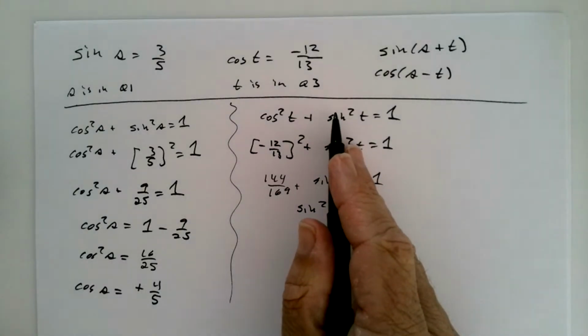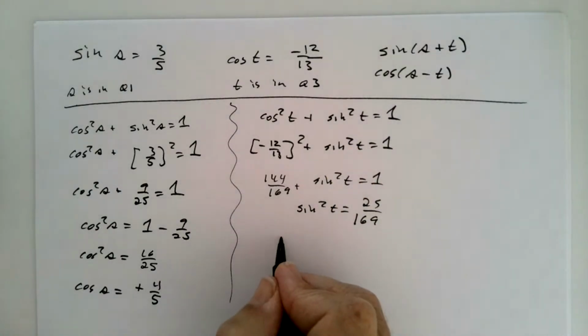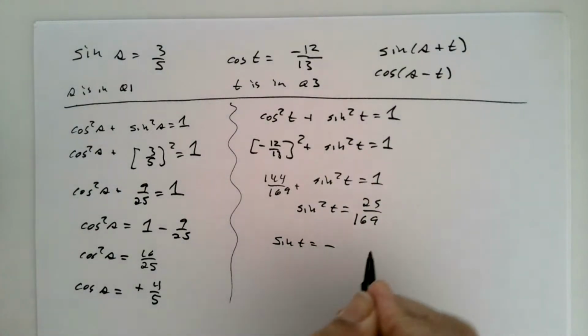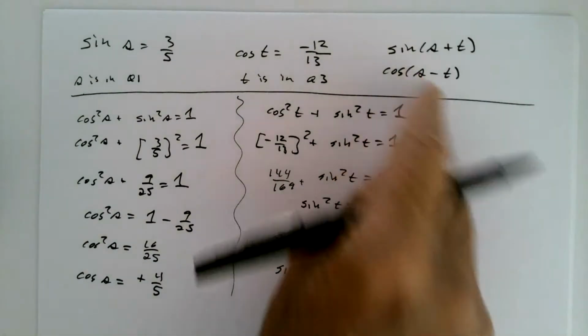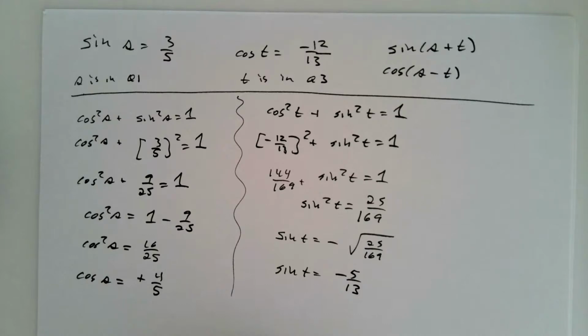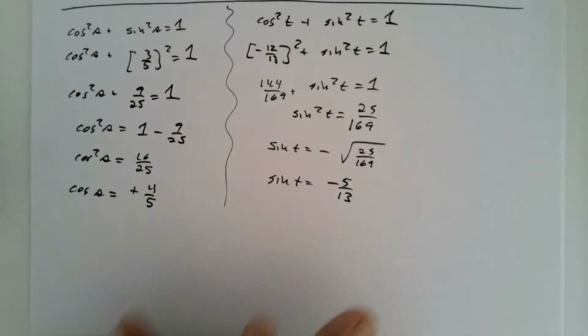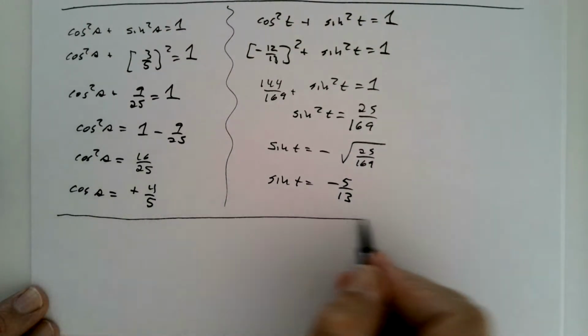T is in quadrant 3. In quadrant 3, sine t is negative. So sine t is negative square root of 25/169. So sine t is negative 5/13. So we have that. I need sine of S plus t. I need cos of S minus t. So let's take a look at how that's going to behave.